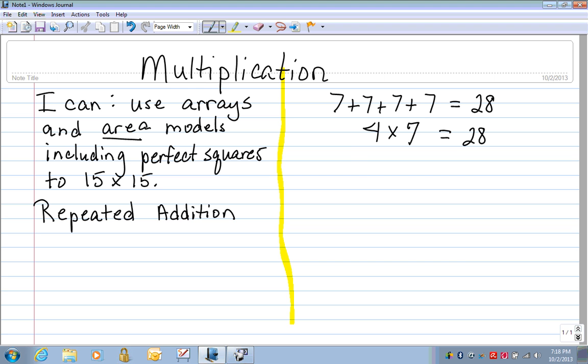And that is one of our math facts. We can also express by saying 4 sets of 7 equal 28. We can express multiplication in an area model and an array the following way. If I have 4 sets of 7, I have 1, 2, 3, 4, 5, 6, 7 items.